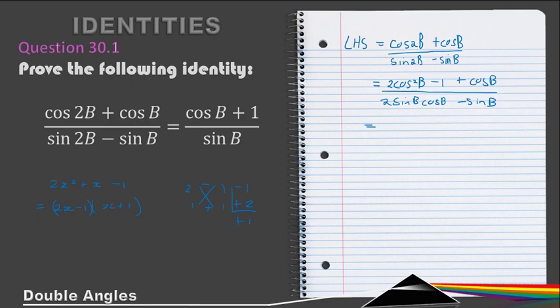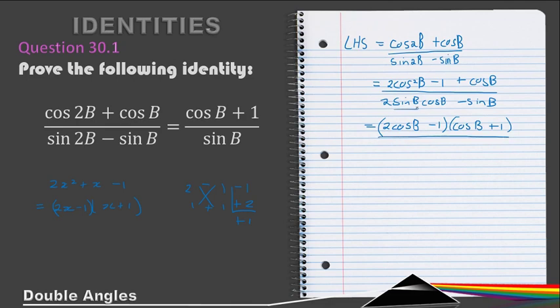So if I factorize that, I'll get 2 cos b minus 1 and cos b plus 1. Right, and then to factorize this is quite simple.